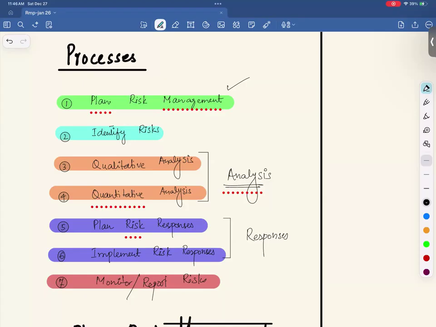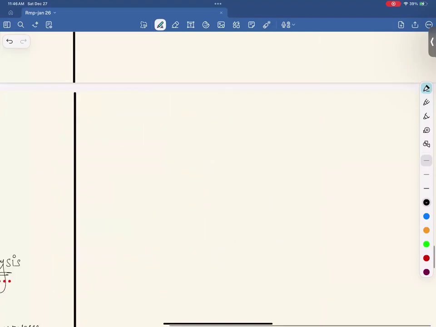You understand, everybody? Am I audible? Yes. Defining the structure, defining the guidelines, defining the framework, right? That's what we call risk planning or risk strategizing. In this step, we are not identifying any risk of the project. We are just laying down the guidelines: how we are going to do it, what steps and procedures we will be following.